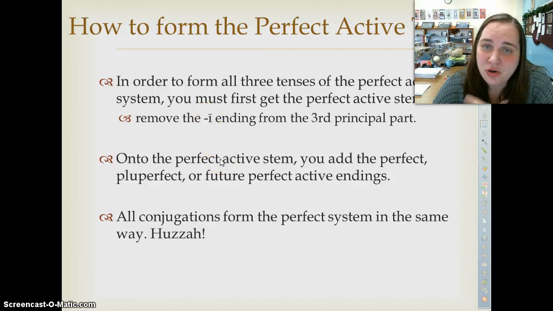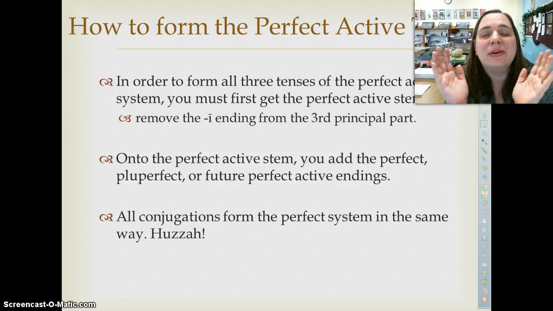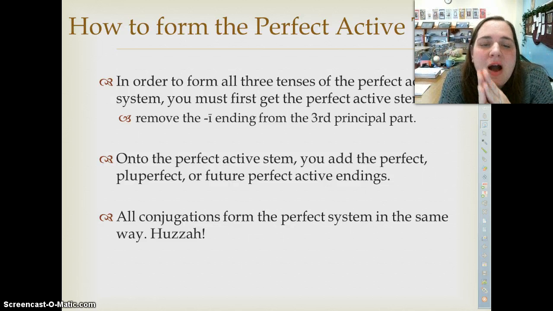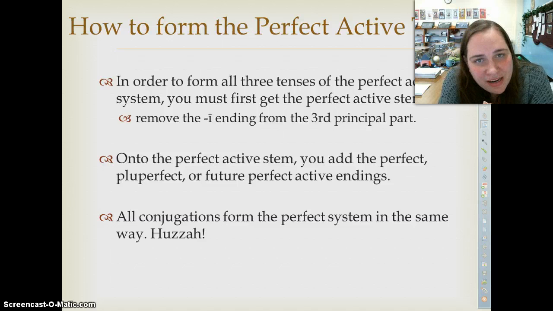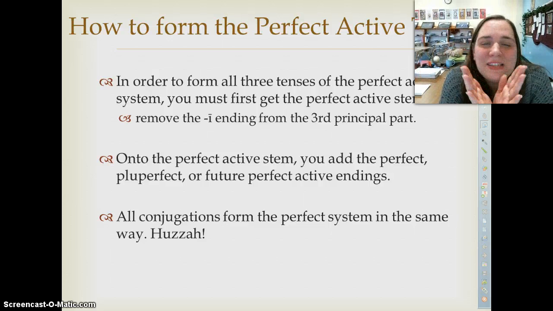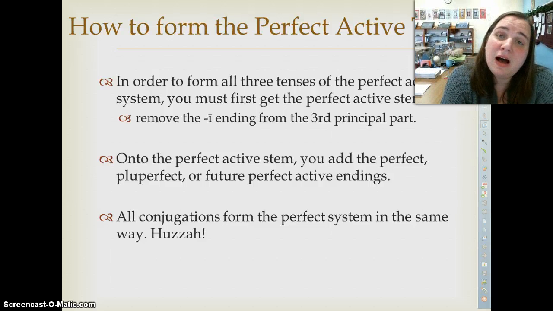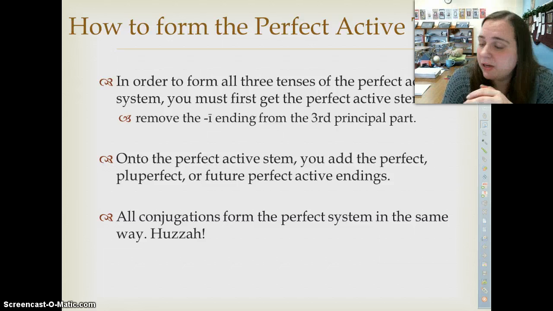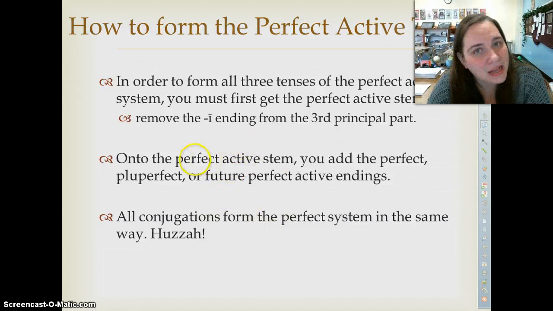Once you have done that, you can put your endings on there, and here is the best news. All conjugations form their perfects in the exact same way. So the perfect system is completely regular. Huzzah! This is so exciting because, as you know, the present system can be a little bit more complicated than that. Not so for the perfect.